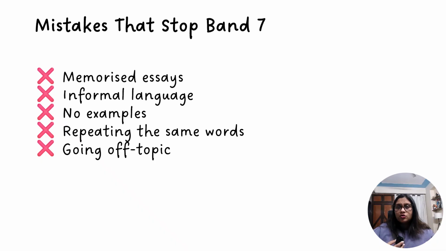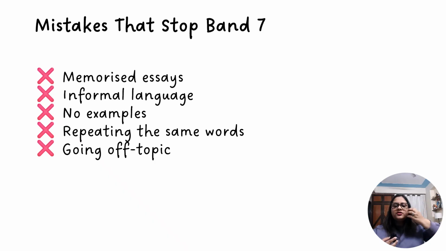Then the last point is going off topic. This happens when you don't plan your essay. When you take out your time and write down your main point and your sub points, then it is difficult for you to go off topic. But this happens when you just start writing and dive into the essay, you just don't plan it.